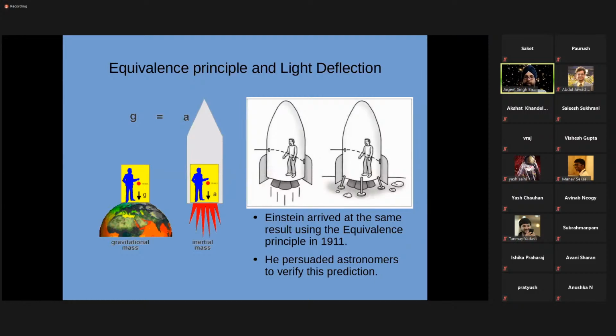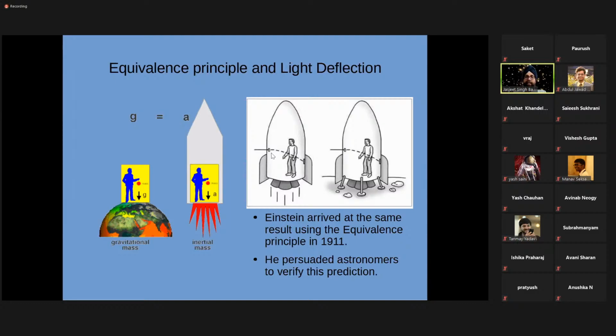Einstein said that it is not possible to do any experiment within a small room in both situations which will let you figure out which of these two frames you are in.